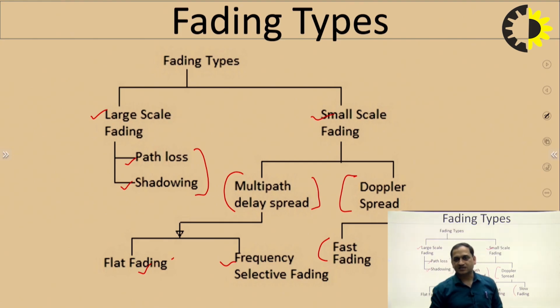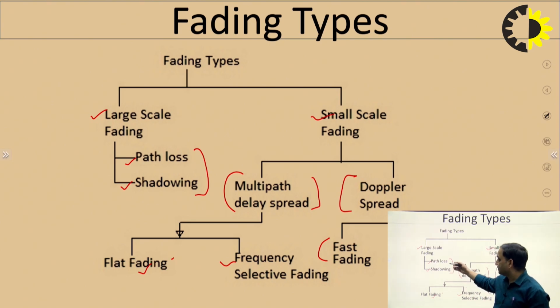So this classification is based on the different types of environment and the different types of obstacles which occur between the transmitter and the receiver. Okay, so which one is more dangerous in wireless communication? That is the small scale fading.